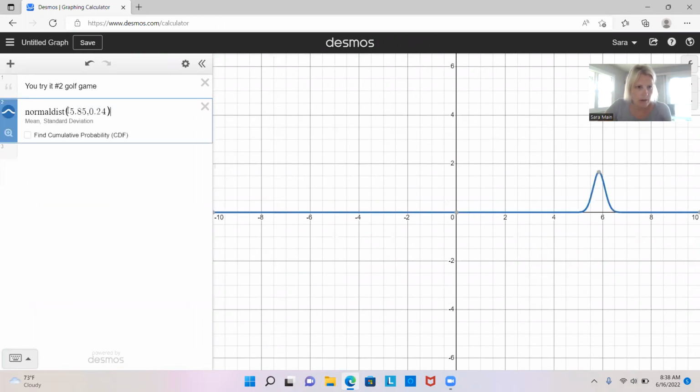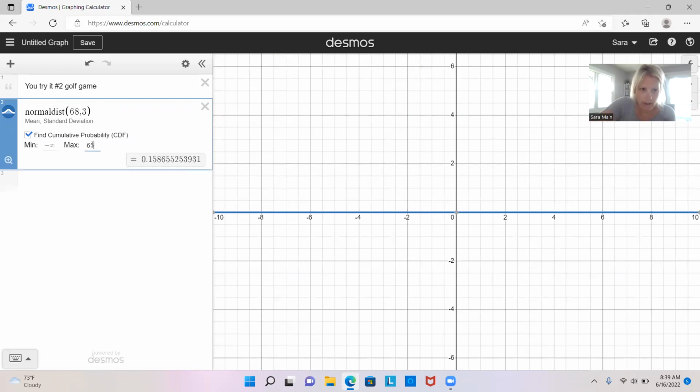Okay, so our mean is 68, and then our standard deviation is 3. And we're going to click on the cumulative. And we have negative infinity up to 65. And there is the probability, 0.1587.